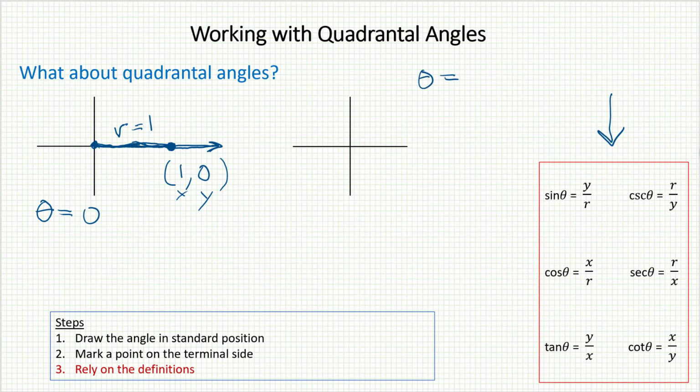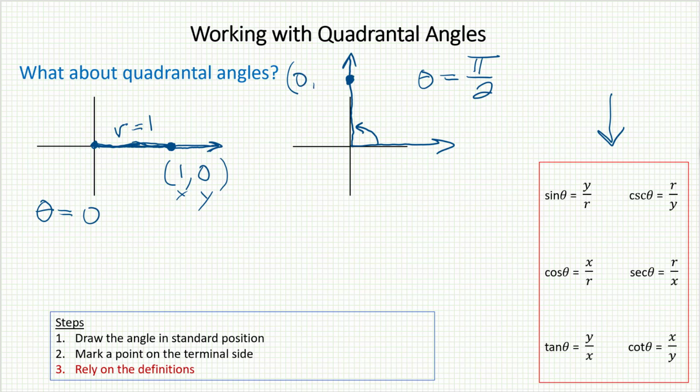How about theta equals pi over 2? Pi over 2 is, of course, 90 degrees. If I draw it in standard position, I end up here along the positive y-axis. I can mark a point on the terminal side, but I have no way to drop a perpendicular or to form a triangle. I do need to identify a point on the terminal side.